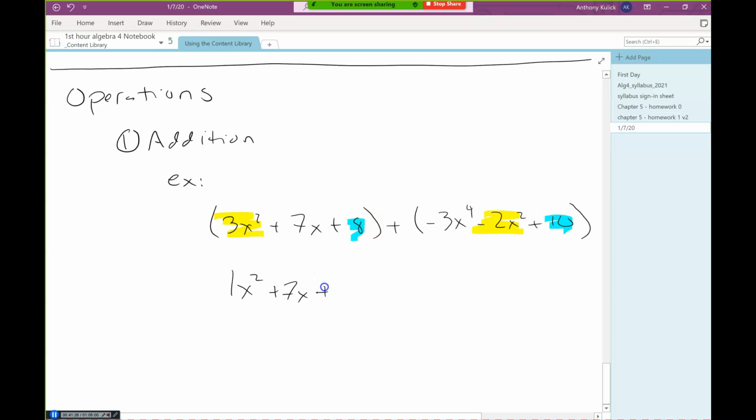The 8 and the 10 give me 18, and the negative 3x to the fourth doesn't have anything to combine with it, so that just stays the same. And typically, we like to write our polynomials so that their monomial terms are in descending order by degree. So we usually start with the biggest degree term first, and then the next biggest degree term, and so on and so forth. That's considered like the standard form for a polynomial.